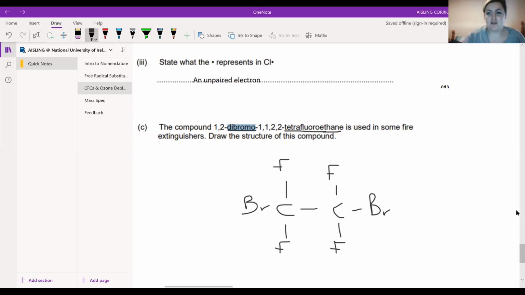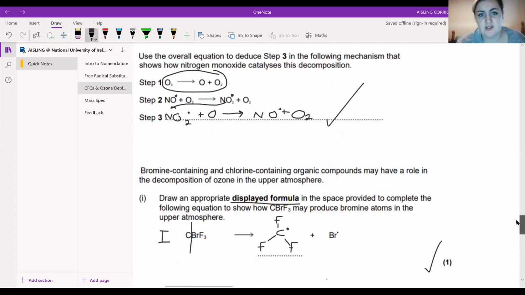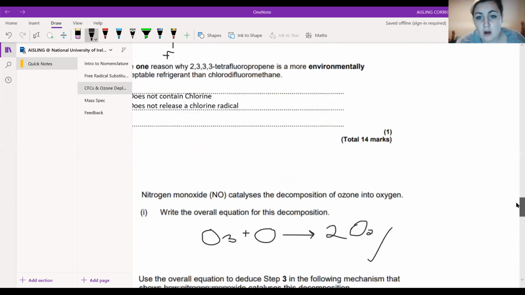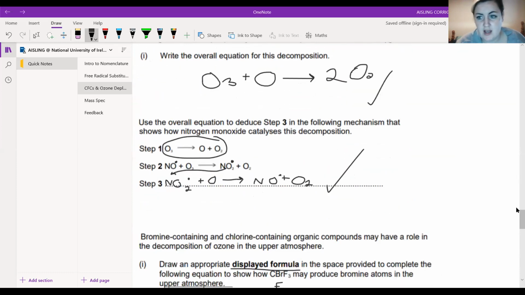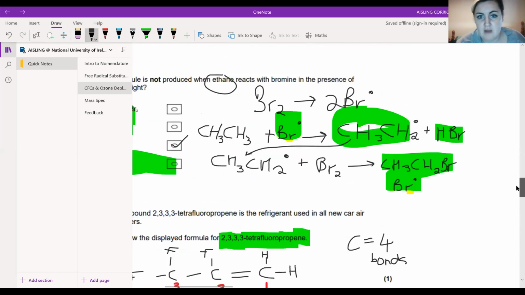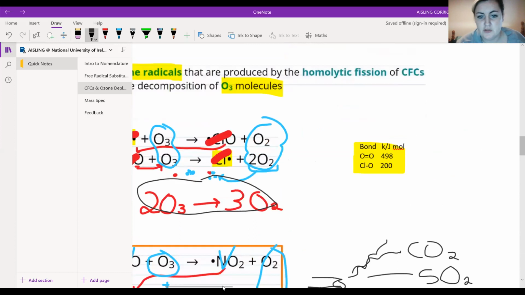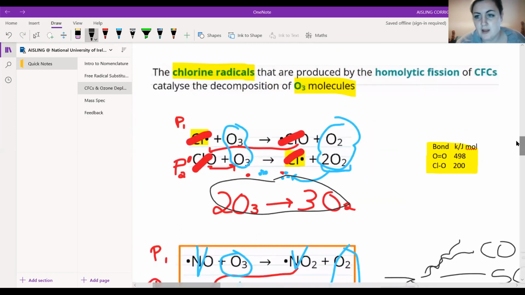Those are the types of questions I've been coming across a lot. Also, similarly to this nitrogen oxide one, they are going to ask for this here as well, so just knowing the steps involved, they'll pretty much be similar.